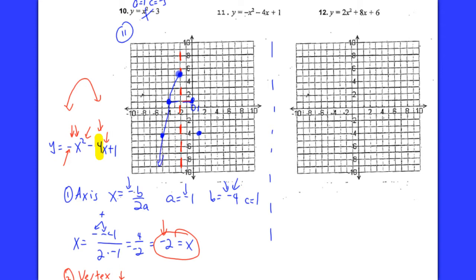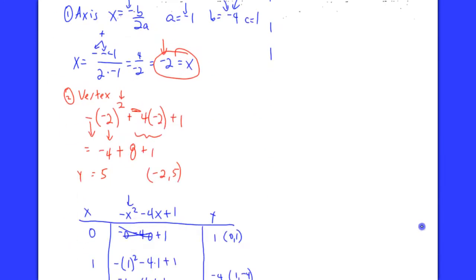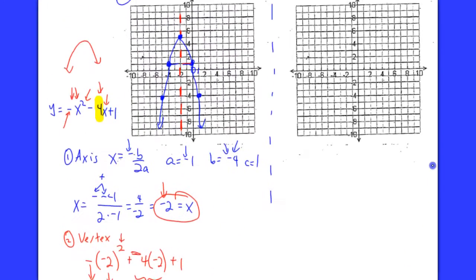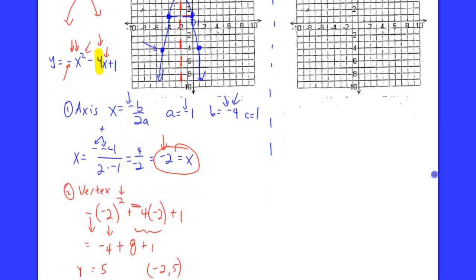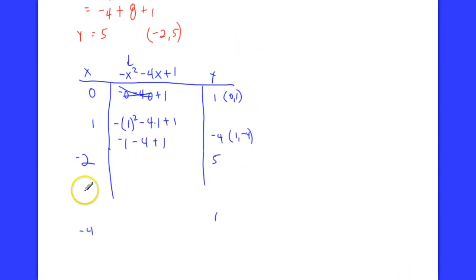And there is your parabola right there. And that last point that we have, we do need to label that point on our chart. Negative 1, 2, 3, 4, negative 5, 1, 2, 3, 4, negative 4. Negative 5, negative 4 is the other point.